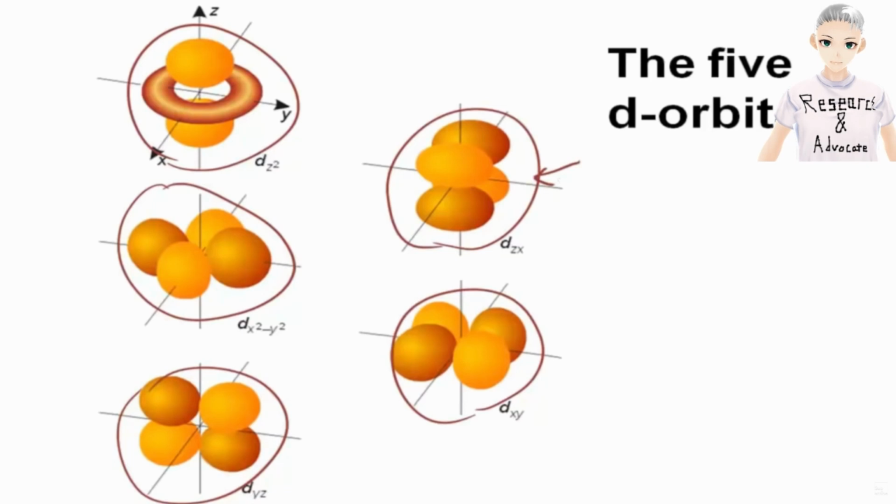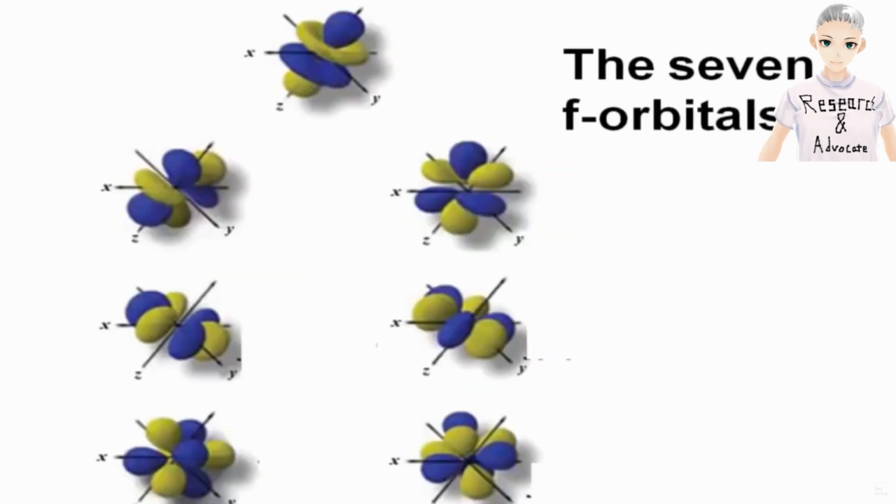The illustration describes the outer boundary of that 90% probability of where the electron is going to be. So that outer boundary, that surface that we're looking at, plus all the space inside of it constitutes the 90% area where we're going to find an electron in a d orbital. And then there's one more, the f orbitals, and there are 7 of them.